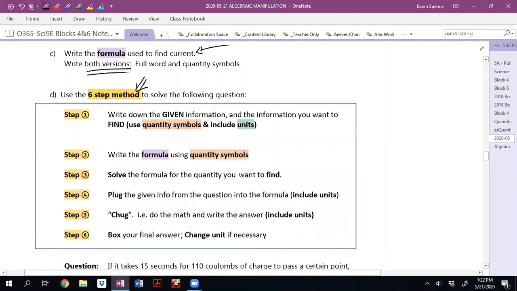And I wanted to comment, I've been marking your things, and some of you did an amazing job at doing all 6 steps. You even used the quantity symbol and the units, and you didn't forget to box your final answer.